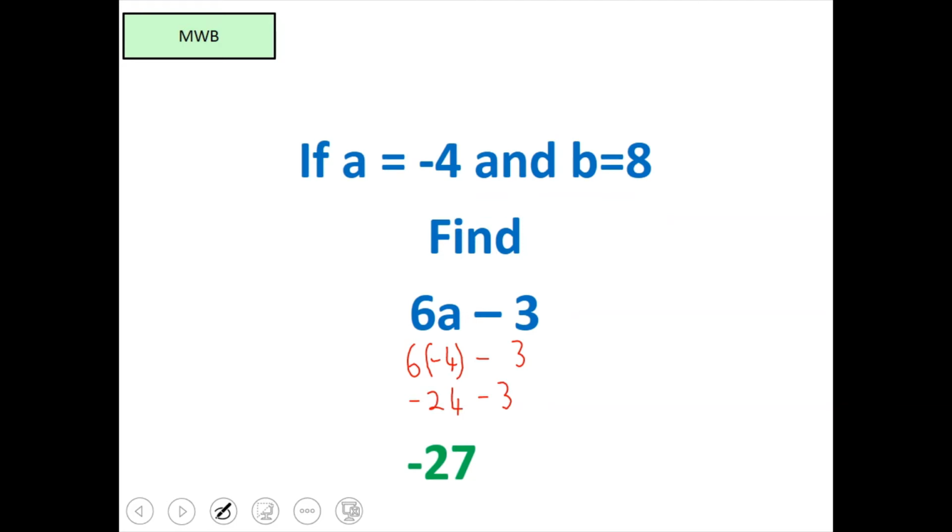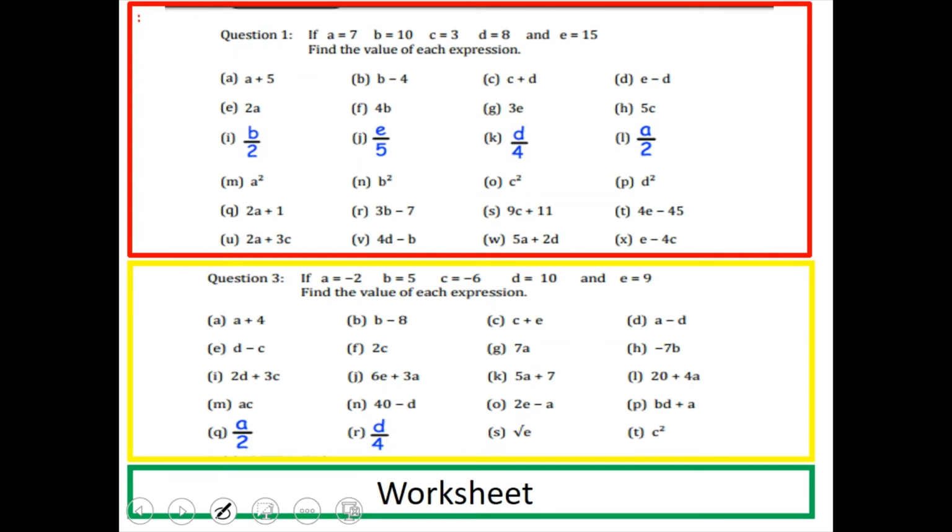Now, I've got some questions up here. If you've got all of these questions right, just do the amber section up here. If you got a few of the questions wrong, attempt any 5 questions on the red, and then do the amber section.